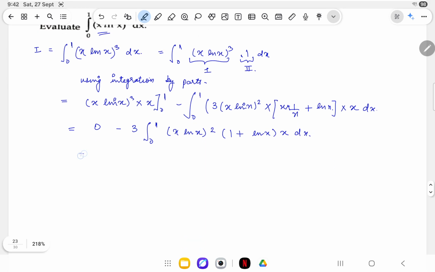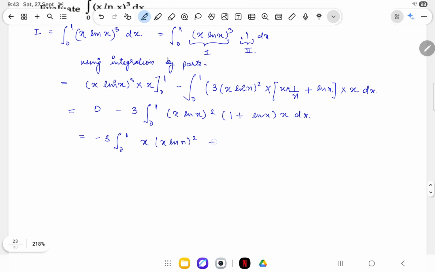So it will be equal to minus 3 integration from 0 to 1 of x into x ln x square plus x ln x cube dx.